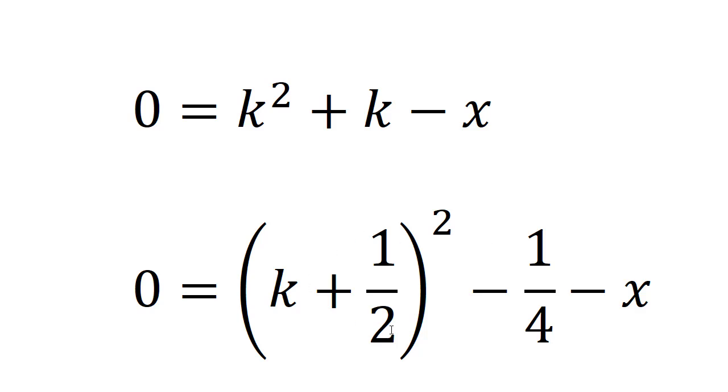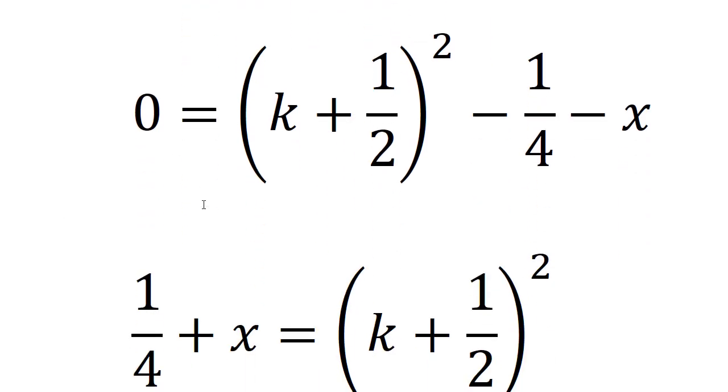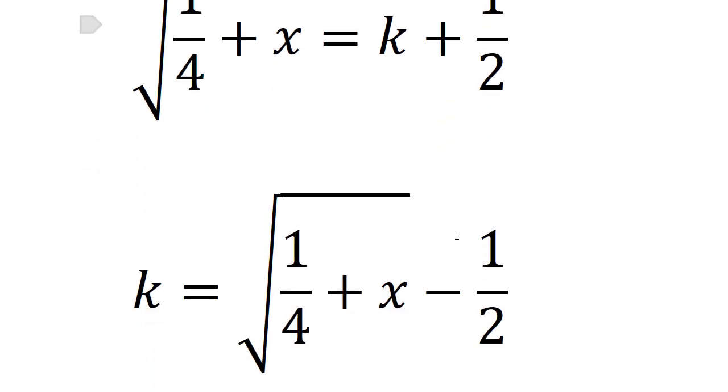And the minus x is still in there. Then I just need to rearrange this until it reads k equals. So I'll move the quarter and the x to the other side. Then I will square root. And then I just need to move that half to the other side. So we'll get that. There we go.